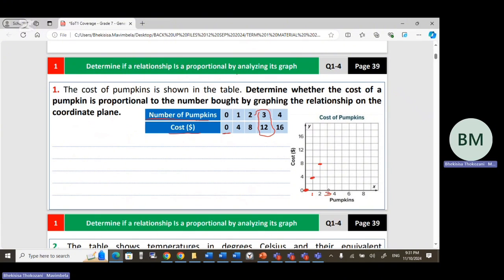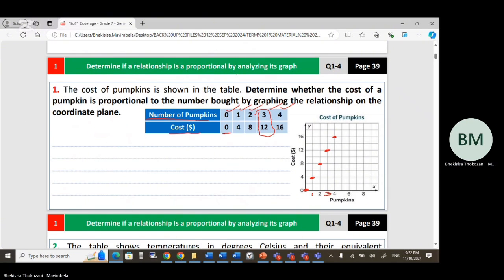Make sure that you remain in between, and write those numbers that are not there for you. And we've got 4 is to 16. So I will have it here. You can see now I've plotted all these ordered pairs, from 0 is to 0, 1 is to 4, and so on.